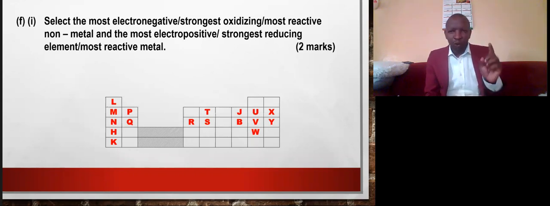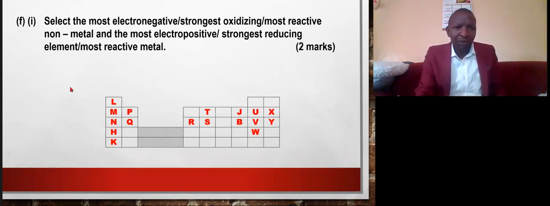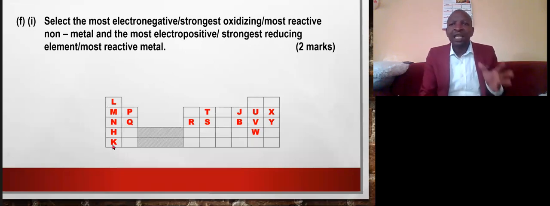So you go for group 1, the one at the bottom. In that scenario, the strongest reducing agent here is which element? Student: the stronger reducing agent? Element K. Yes, element K.